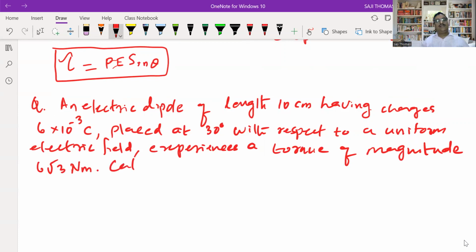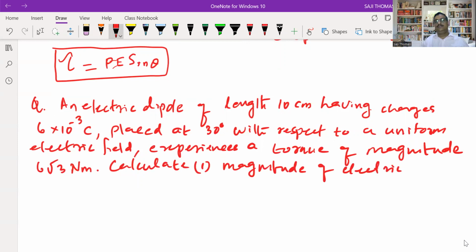Calculate: 1, the magnitude of the electric field, and 2, the potential energy of the electric dipole.